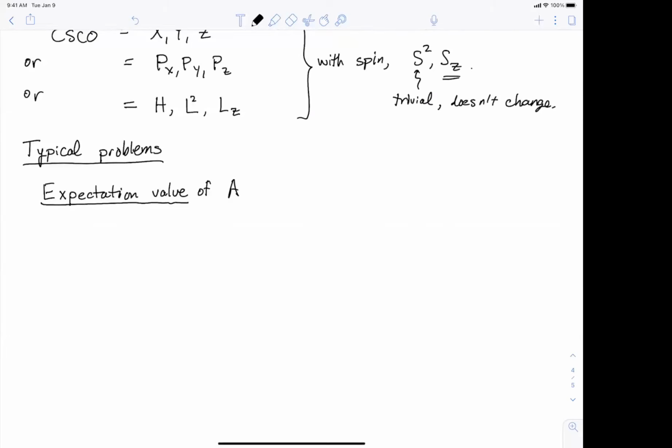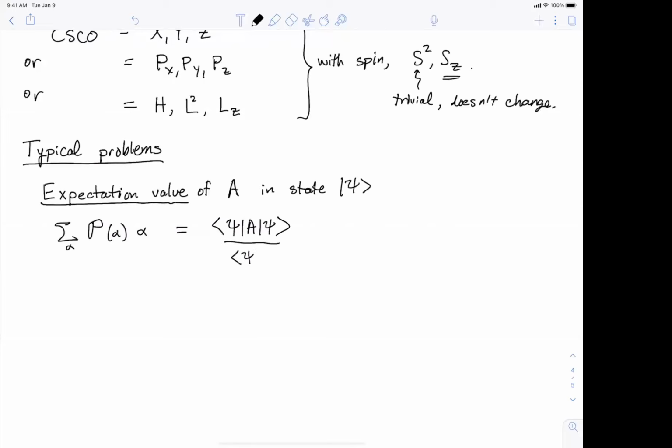So the expectation value of an operator in a state psi is you sum over all the probabilities for all the things you could have gotten in your measurement, weighted by the outcome of the measurement. And that's equal to the matrix element of A within the state divided by the norm. We often just write that as A within angle brackets, but we can only do that if we understand by context what the state is.